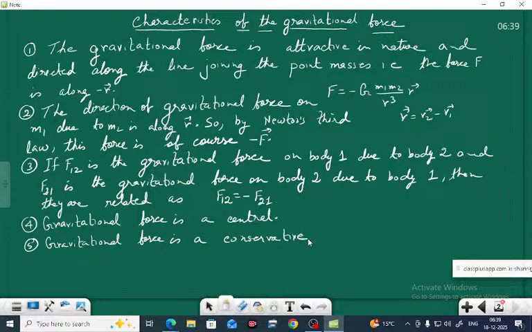You have to know what is the meaning of conservative force. Conservative force means it doesn't depend on path.